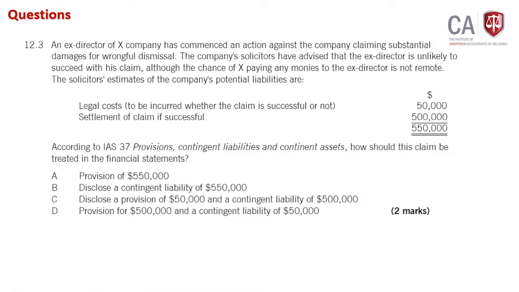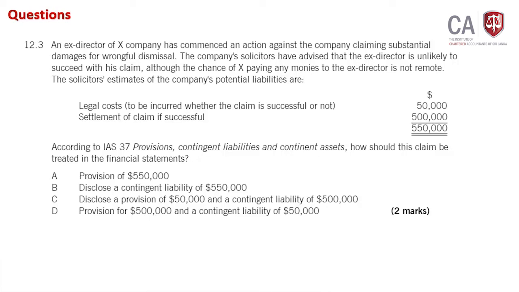The company solicitors have advised that the ex-director is unlikely to succeed with his claim, although the chance of paying any monies to the ex-director is not remote. If it is not remote, you have to make a what? Provision, right? So, how much you make a provision for is the question, right?